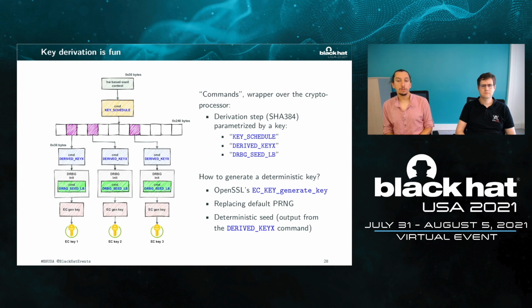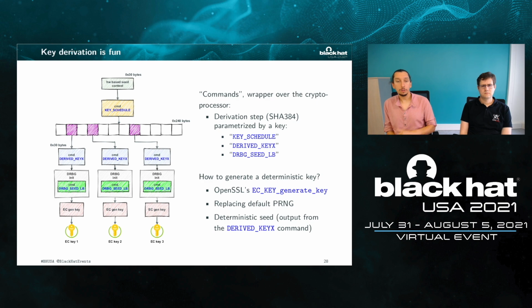The second very important point is how you generate a deterministic key. Key manager uses OpenSSL primitives like EC key generate key, and if you use that in your code on your machine, it will generate a perfectly random private key over the elliptic curve. What key manager actually does is replace the default PRNG used by OpenSSL with a custom PRNG, and this PRNG is initialized, or seeded, with a deterministic seed.